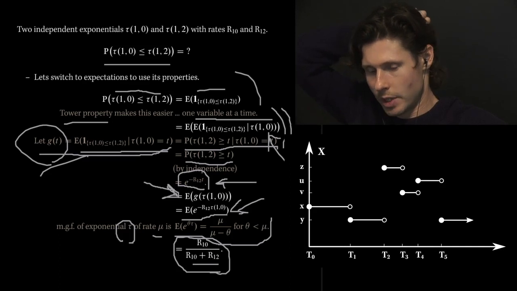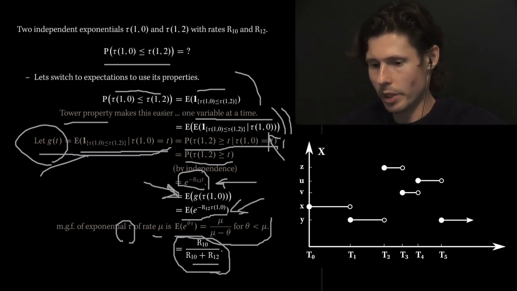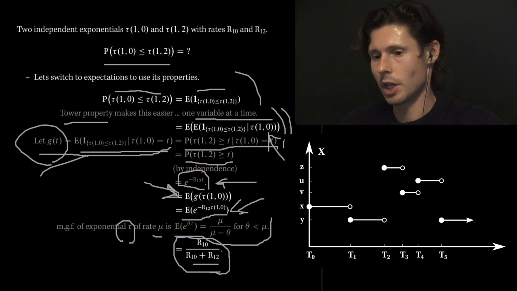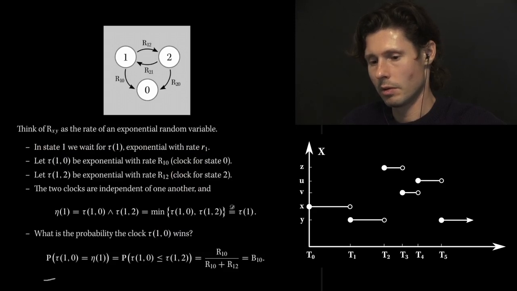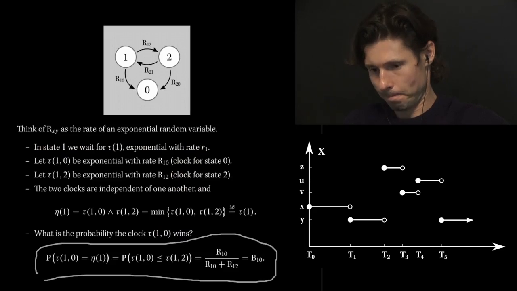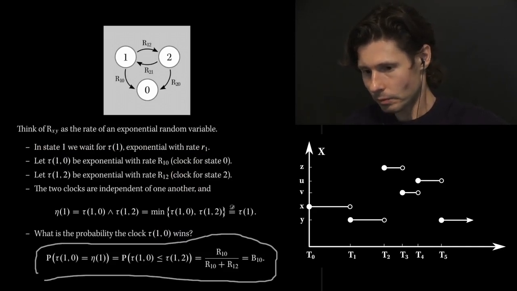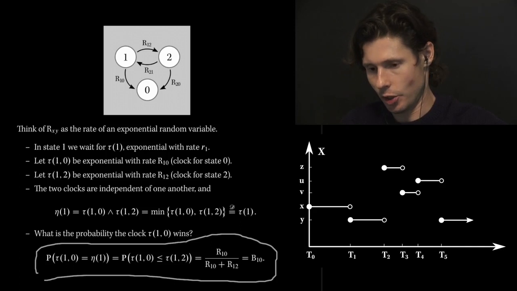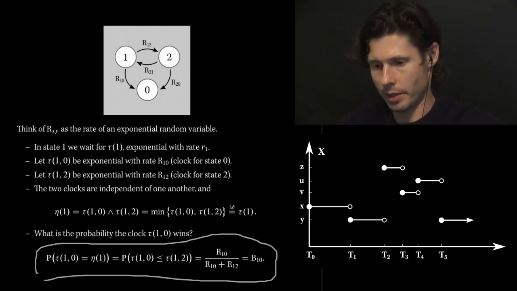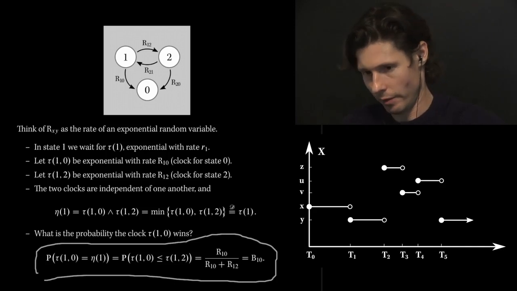And so what you'll notice is that you get the exact same probability as the one given to us by the embedded chain. The probability that transition 0 won was the same as the embedded chain probability of going to 0. This is what we obtained. So this is a different way, in terms of the generator and its transition rates, to think about how this CTMC will evolve over time.